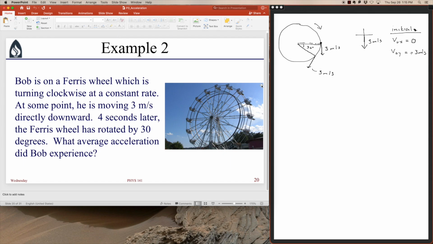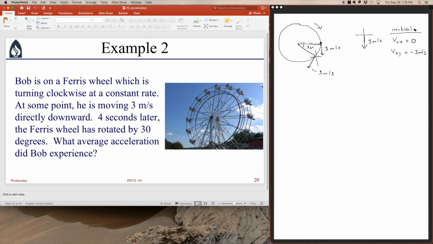So then let's take a more careful look at his final velocity, and we need to split this final velocity up into x and y components as well. So if I imagine drawing a little coordinate system here at the tail of his final velocity, and I think about how this vector has been changing.